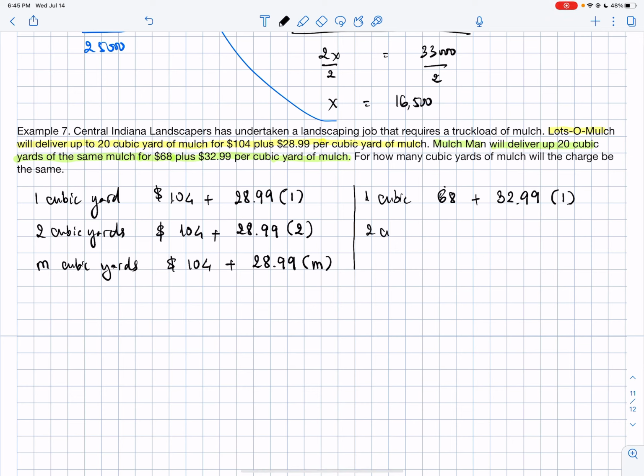If there are 2 of them, then they will charge 68 plus 32.99 multiplied by 2. And what if there are m cubic yards? Then they will charge $68 plus $32.99 multiplied by m.